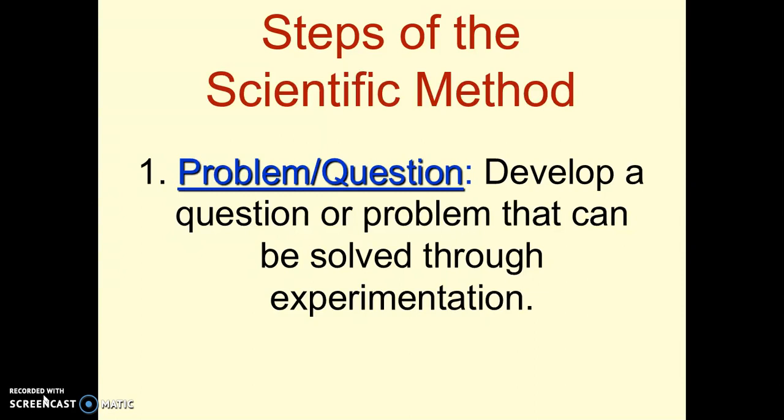It can be as simple as that, or it can be something complex, like why life is not there on the different planets. There can be lots of questions you can ask, based upon some problems.